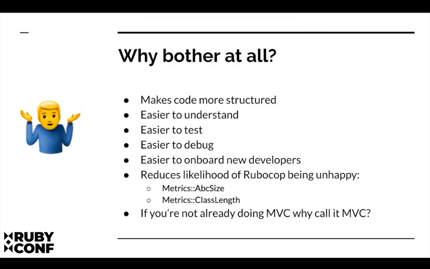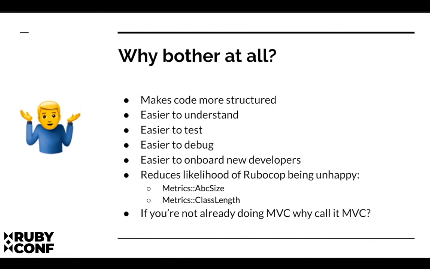The other question you may ask yourself is why bother at all? Why do we need to go down into the specifics of whether or not we need service objects? And that's, I don't know, why bother doing anything at all, I guess. It does make your code more structured, easier to understand, easier to test. It's much easier to onboard new developers.